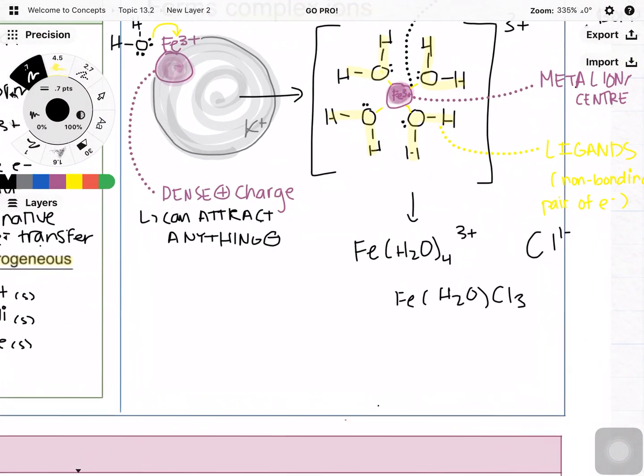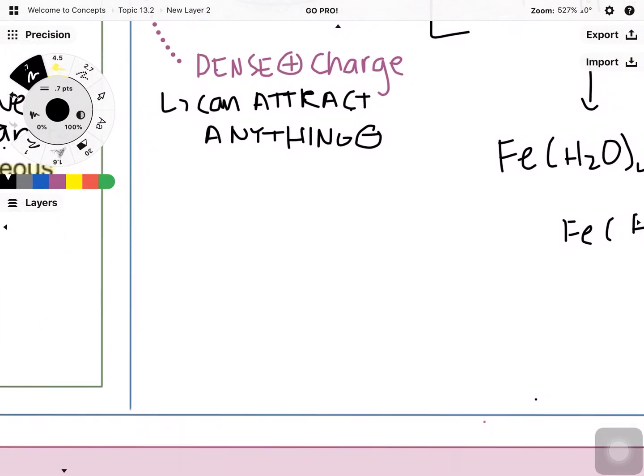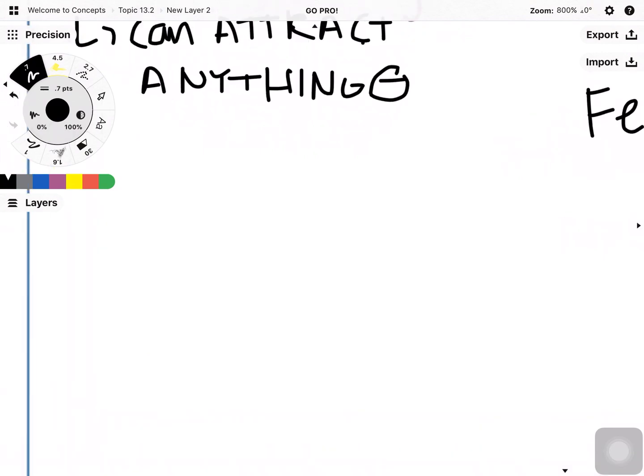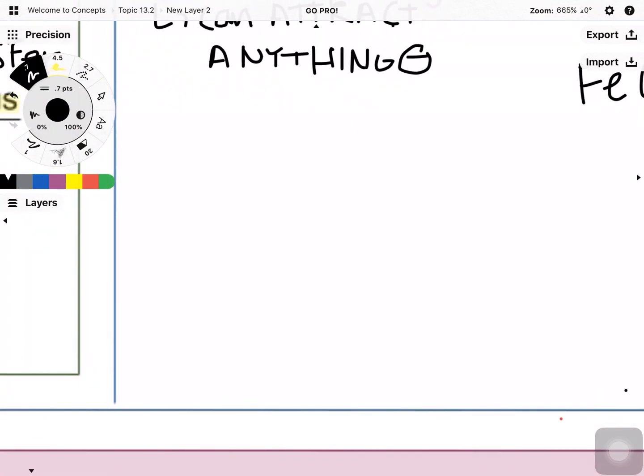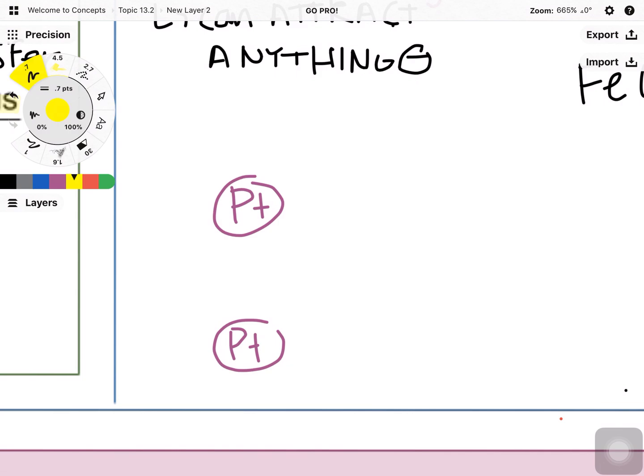Okay, the last thing we're going to look at is the different types of ligands that we have. So let's pretend that in both cases we have platinum as our central ion. Okay, and let's use chlorine as one of the ligands. So chlorine minus can bond using a coordinate bond to platinum.